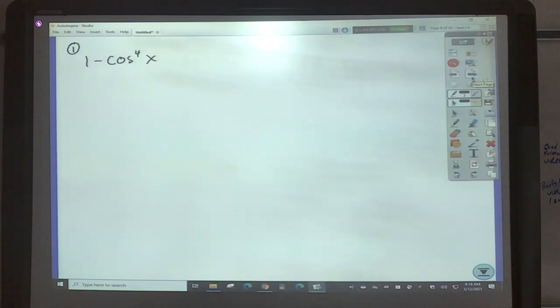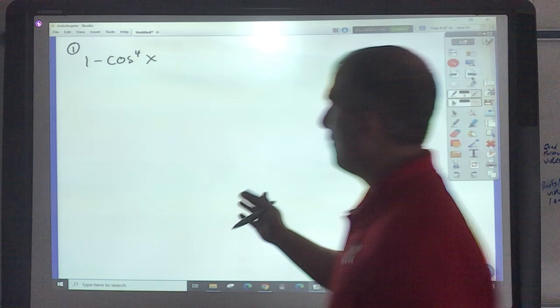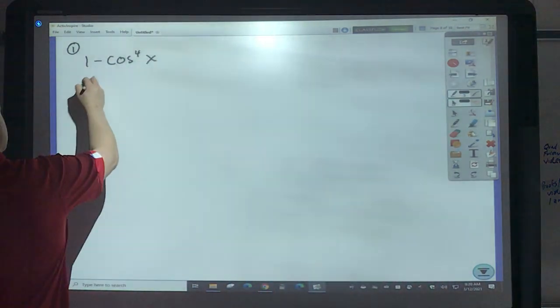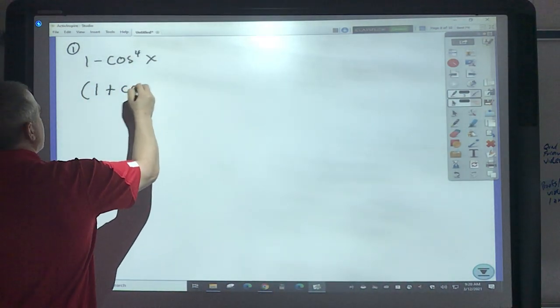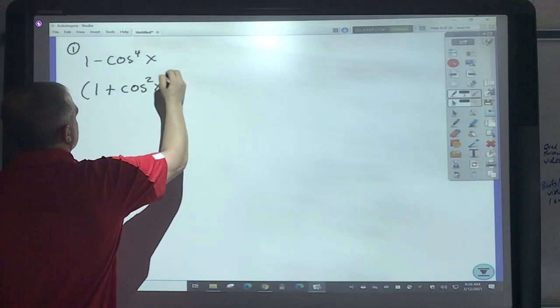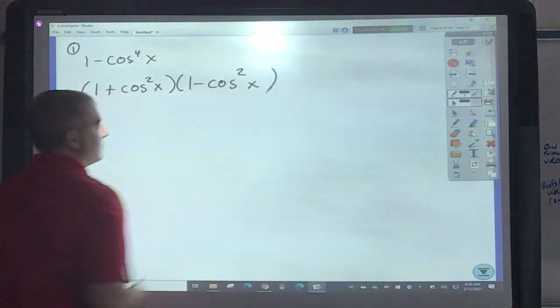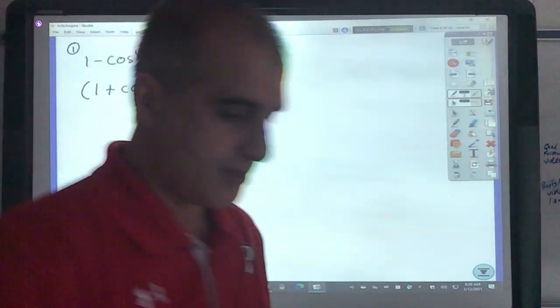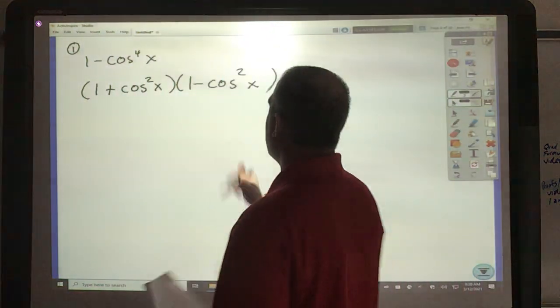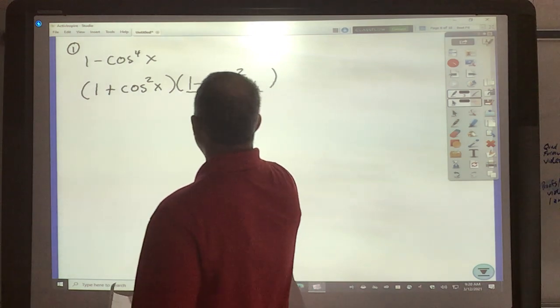Now, I want to finish off talking about what you would do with something like this, with the fourth power. What I would do is write that as 1 plus cosine squared and 1 minus cosine squared. Now, this has an identity. That is going to be sine squared.